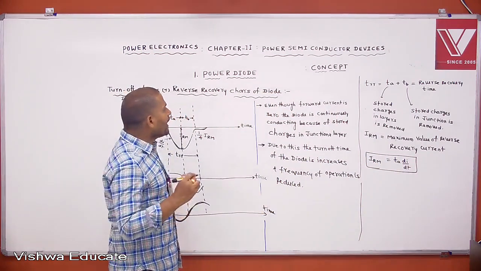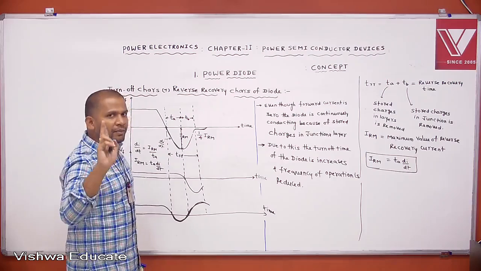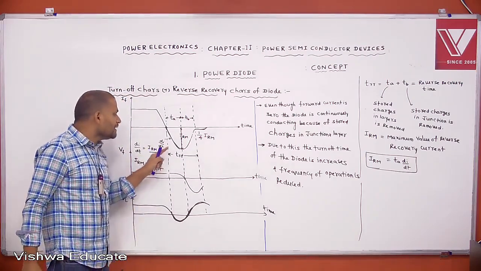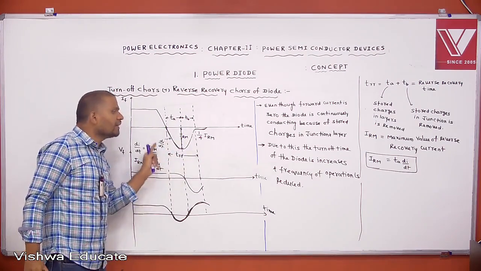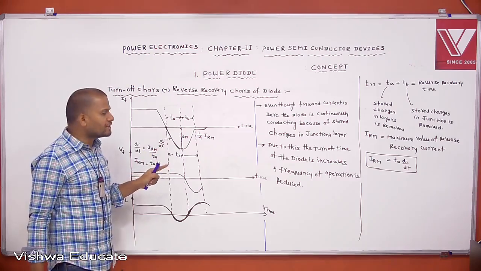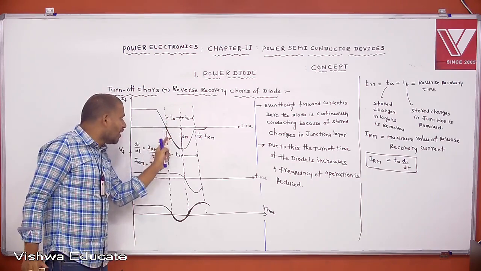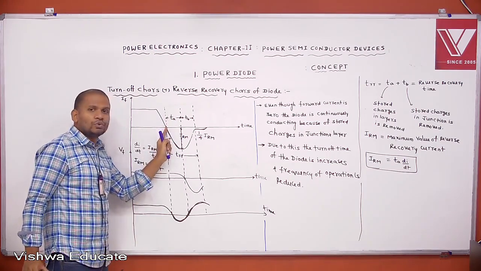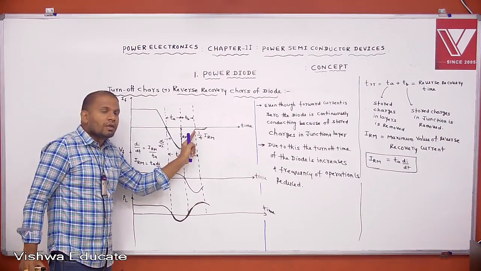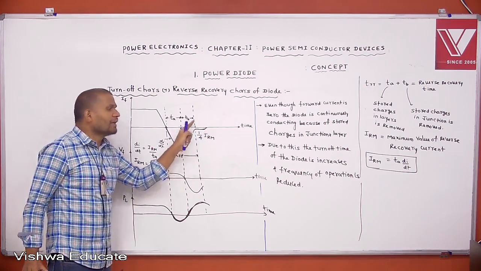Here I want to define the reverse recovery time. You can give two definitions. One simple definition is the time taken for the reverse recovery current. The other definition is the time between the instant of forward current 0 to the point where the reverse current falls to 25% of IRM.